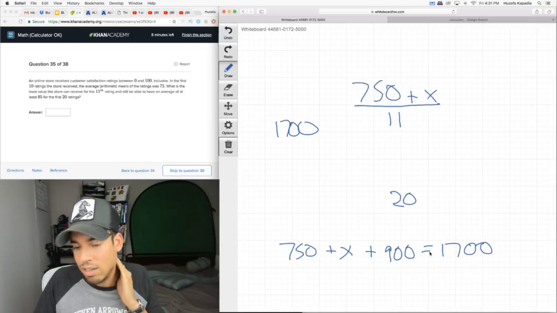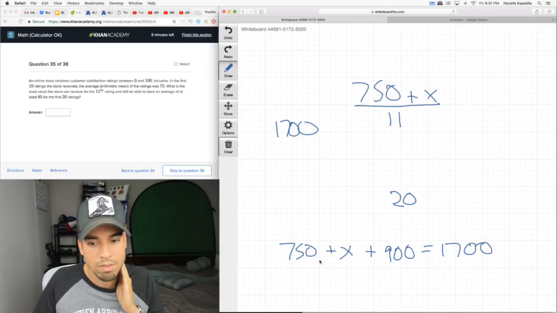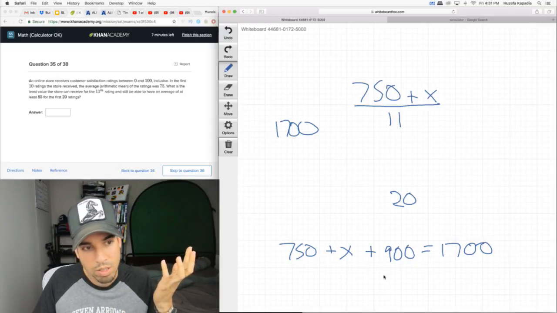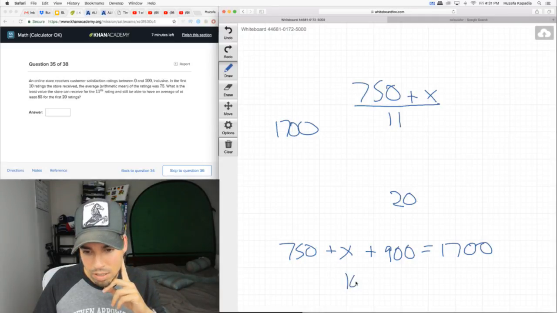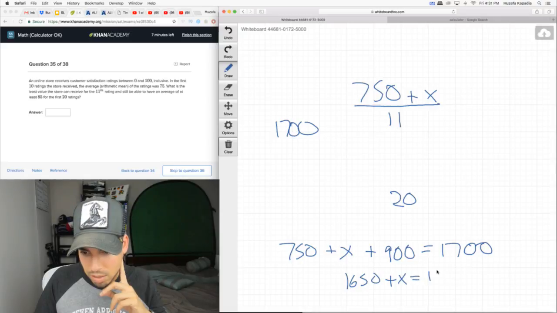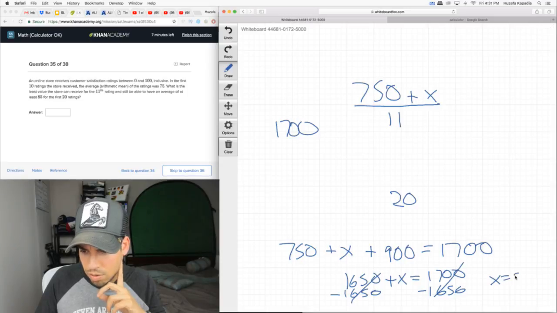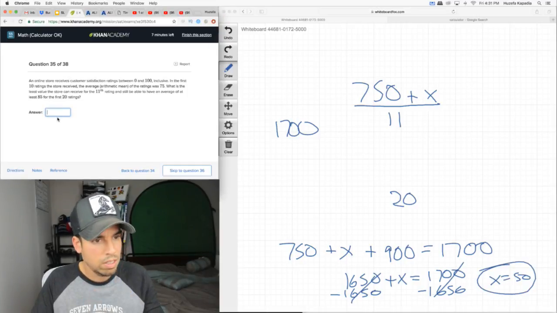So the last 9 would be 900. The first 10 are 750, and this one we don't know. So let's find out. This is 1,650 plus x equals 1,700. Then we minus 1,650 from both sides, and we get x equals 50. So I think it's 50. I think that's right.